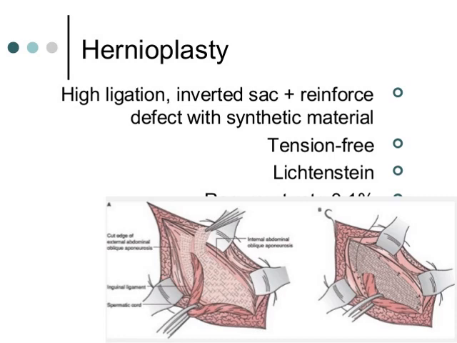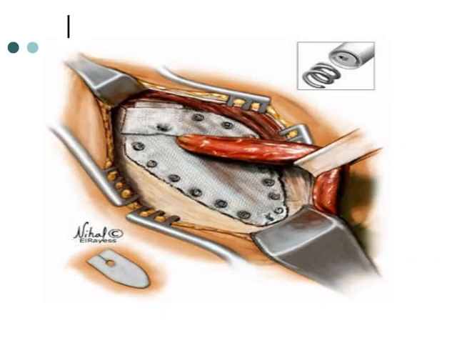Then they suture it all around, inferiorly to the pubic tubercle and the inguinal ligament, medially to the linea semilunaris, above to the conjoint tendon. Laterally, a slit is made to accommodate the cord. So the cord will lie upon the mesh. It is tension free, so the recurrence rate is very low.